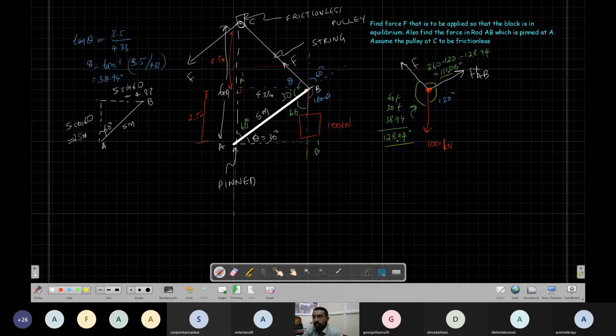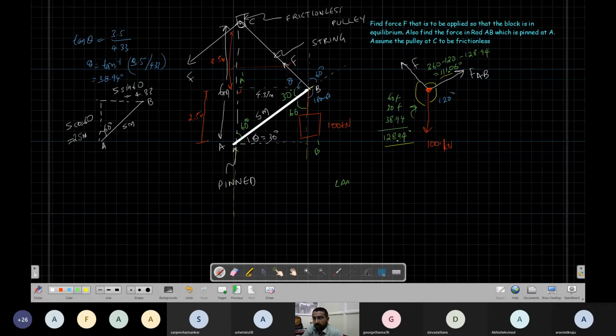Can anyone tell me the value of F? What is the value of FAB? Use Lami's theorem and I'll give you 5 minutes.